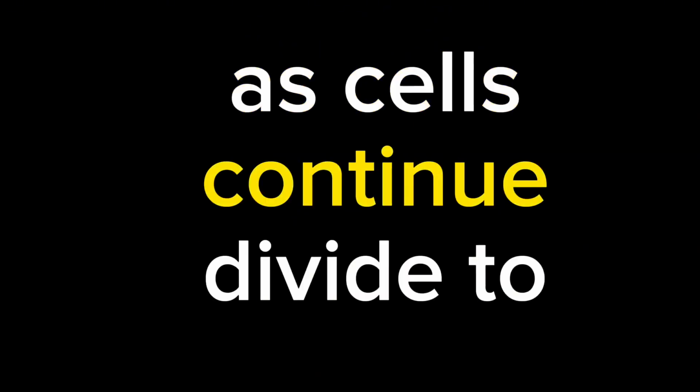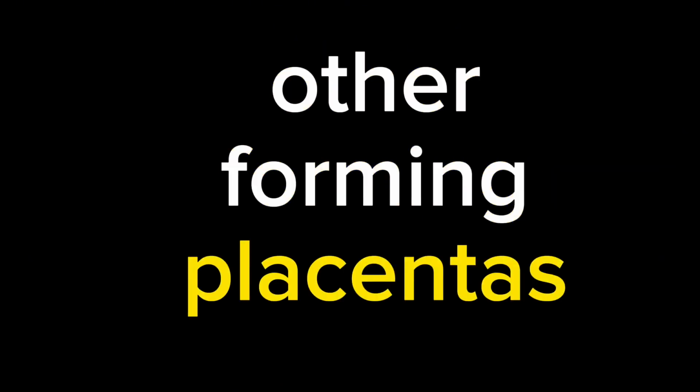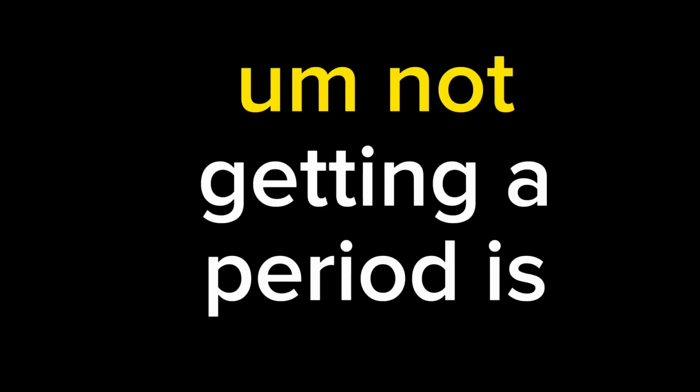As cells continue to divide, some develop into the fetus, others form the placenta. Hormones signal your body that a baby is growing inside your uterus. This also signals your uterus to keep its lining, which prevents you from getting your period. Not getting a period is usually the first sign of a pregnancy.